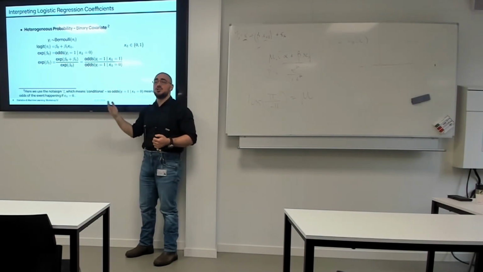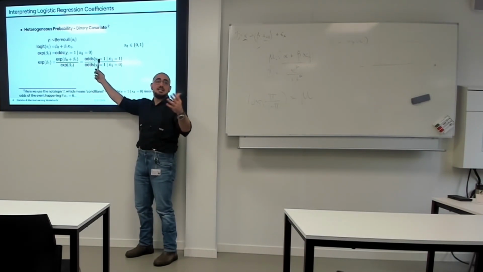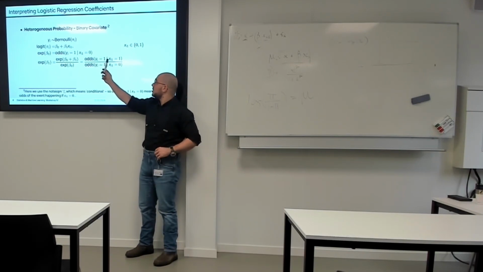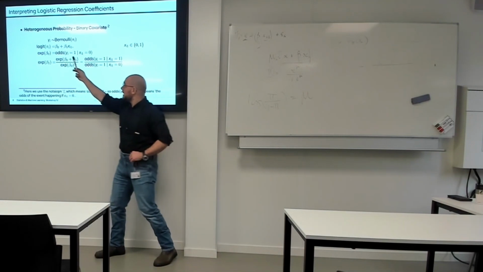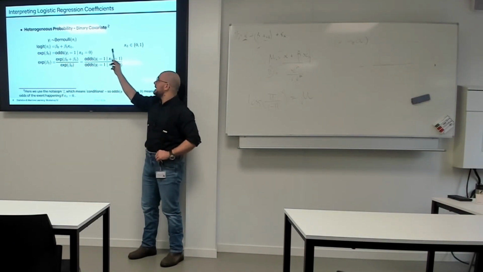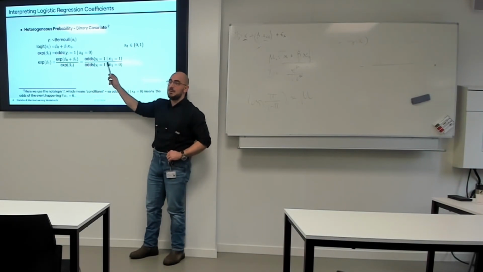If this were college education, this would be the odds of the event happening, let's say voting for Trump, conditional on being college educated, relative to the odds of voting for Trump conditional on not being college educated. So it's an odds ratio, right? So exp of beta 1 is the odds of the event happening when the binary covariate is turned on, divided by the odds of the event happening when the binary covariate is turned off.